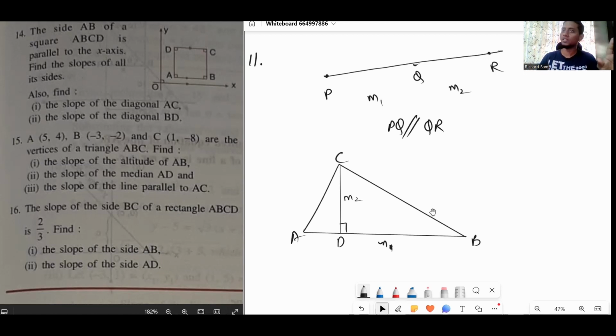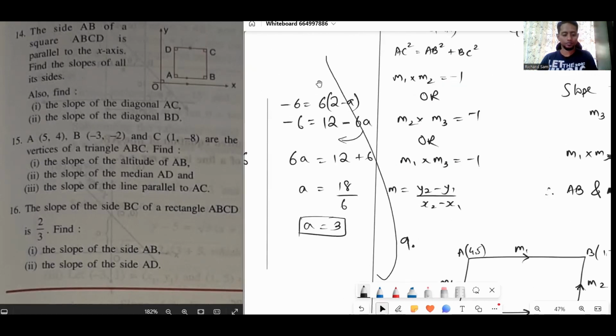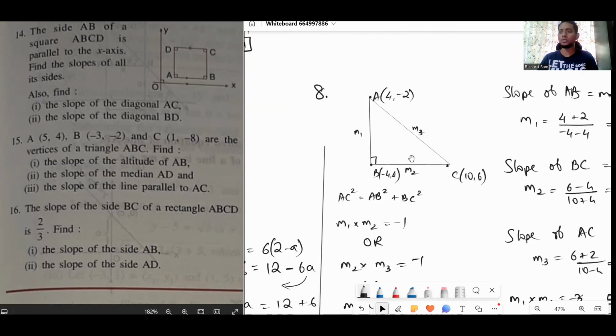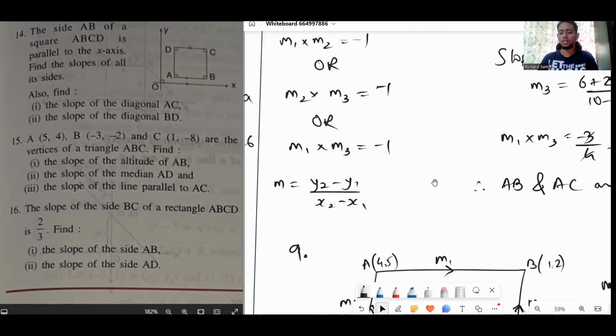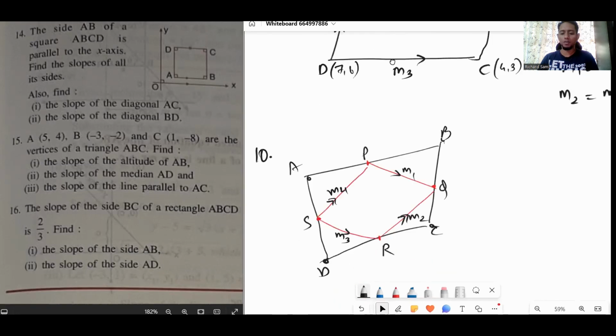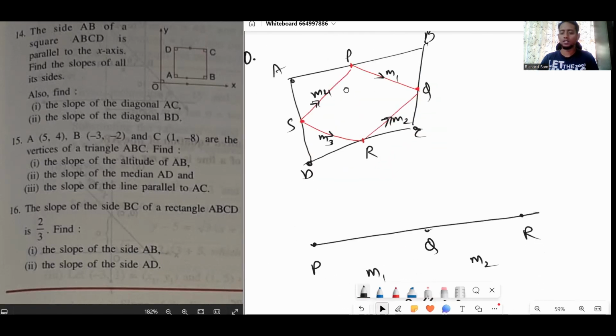All these questions that we did today are based on parallel or perpendicular. Did you notice? Look at every question. We started with this triangle. Here, what was the rule? Perpendicular. Two sides are perpendicular. Then we have the parallelogram. Here, opposite sides are parallel. PQ is parallel to SR and so on.